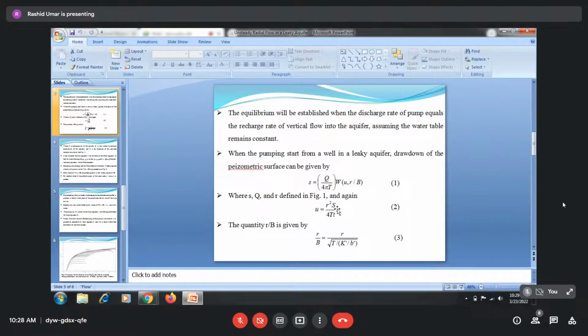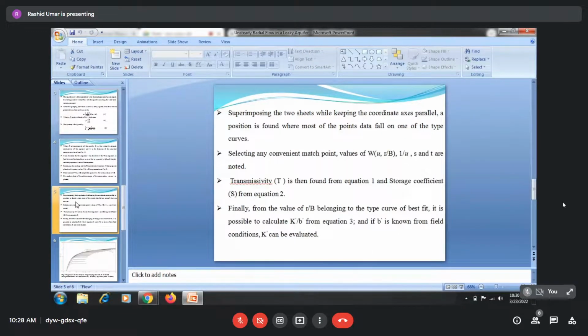So this is how Walton's method is applied for evaluation of pumping test data for a leaky aquifer. This is the method for evaluating the transmissivity and storage coefficient of your leaky aquifer.